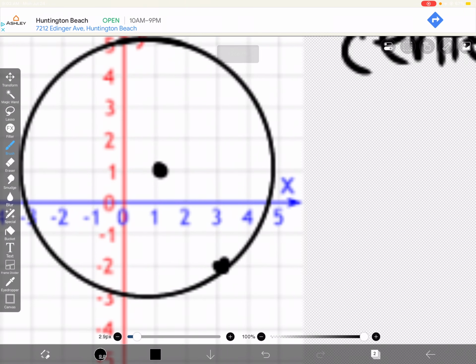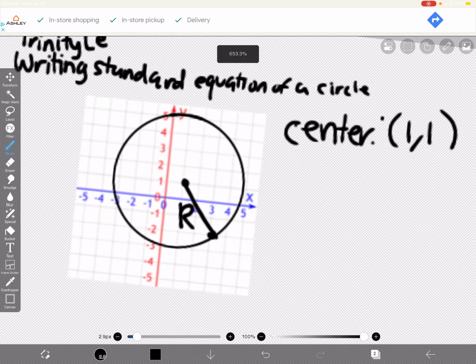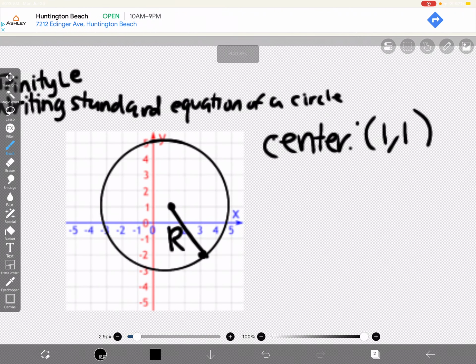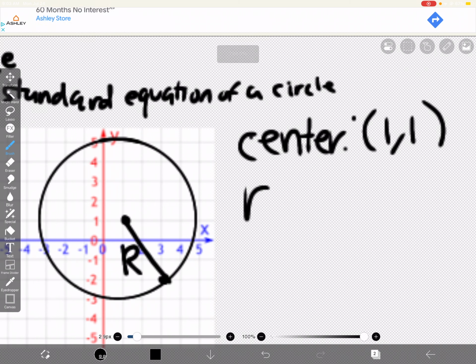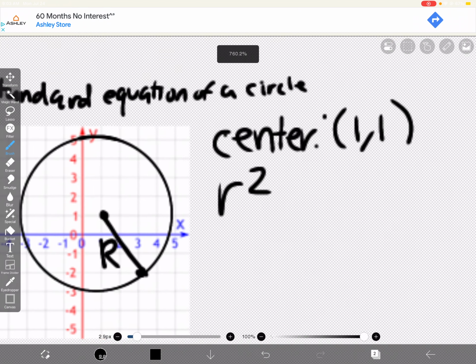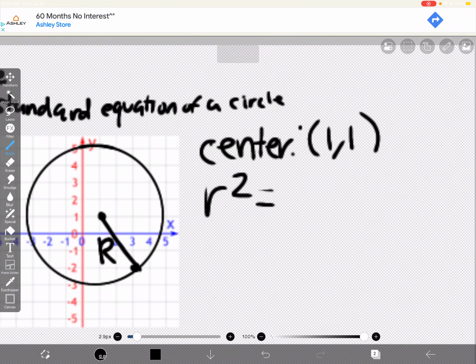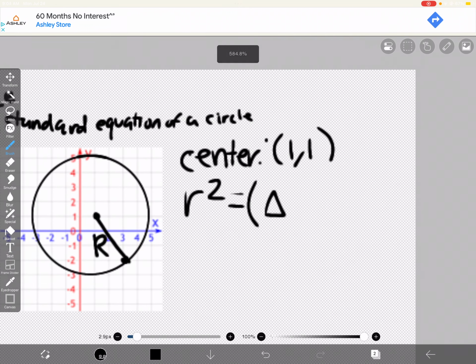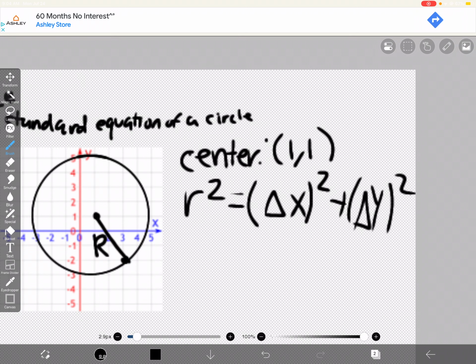And this is the radius, so how far it is, r is how far it is. So we have to find out the radius, and to find out the radius we have to use this equation: x times y equals r squared.